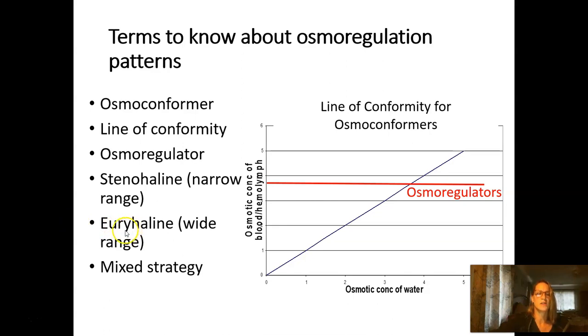Euryhaline organisms tend to have a mixed strategy: in some cases they have to osmoregulate because the water they are living in is hyperosmotic to them, and they have to use totally different strategies to osmoregulate when the water is hypoosmotic to them.